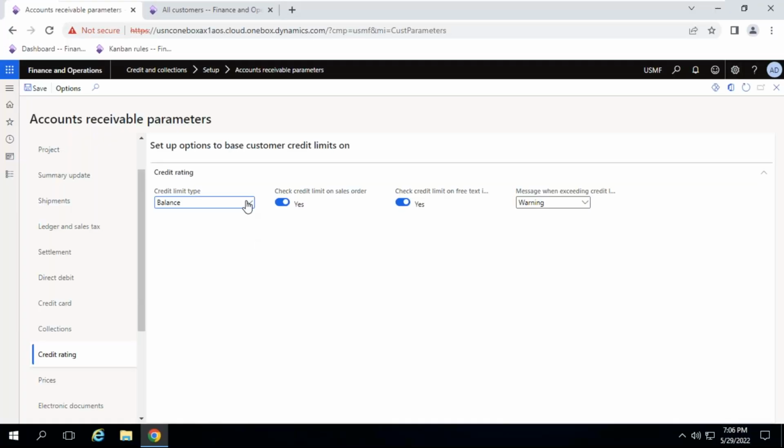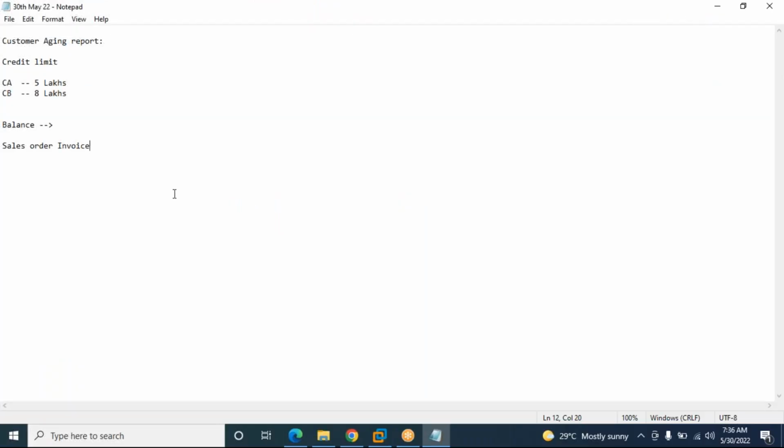Suppose you select balance plus packing slip: it will consider sales order invoices plus sales order executed packing slip.